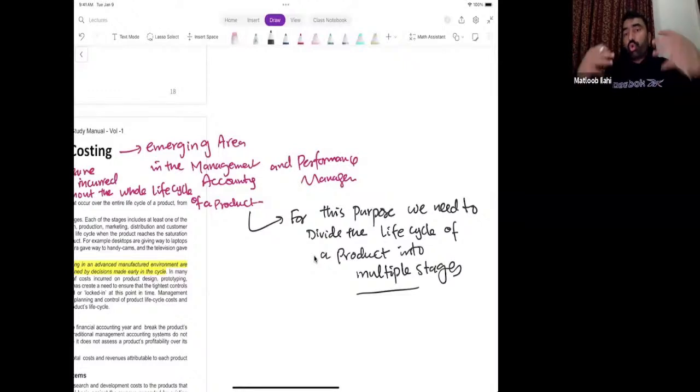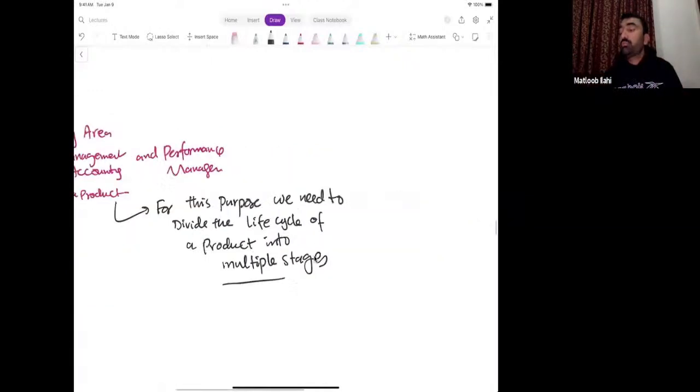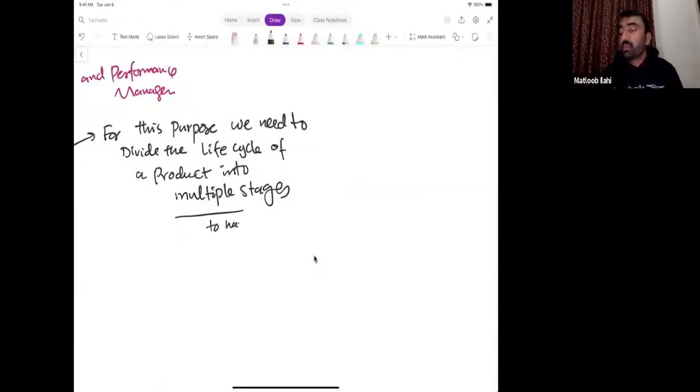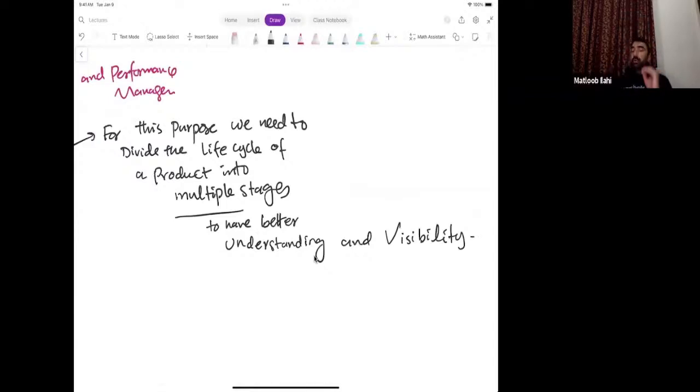Because we want more control, we want more visibility to have better understanding and visibility of different costs.